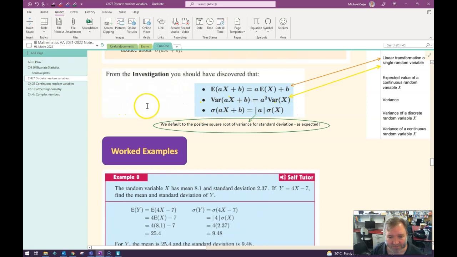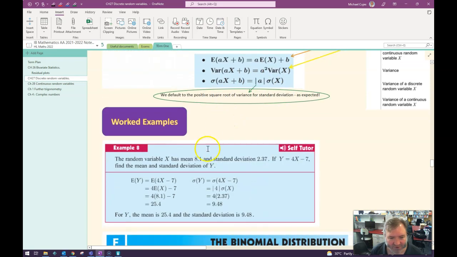An example's probably needed there because I talked about the example in my head and I'm going a little bit quickly. So let's have a look here. A random variable x has a mean of 8.1 and a standard deviation of 2.37. If y is the linear transformation of this random variable, so it's now 4 times x minus 7, I've transformed this distribution by multiplying every value by 4 and then subtracting 7 from it.